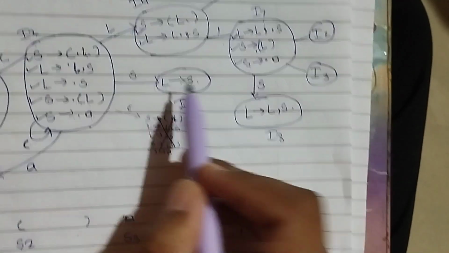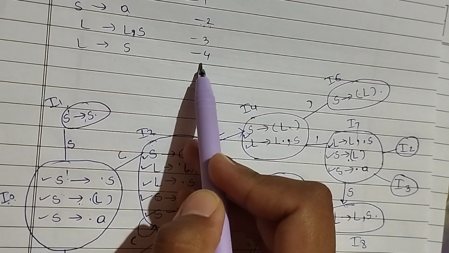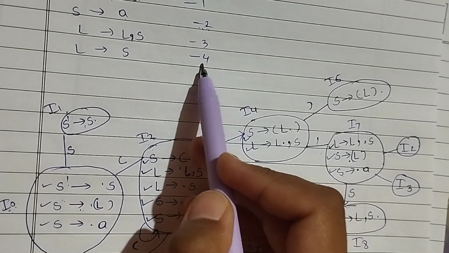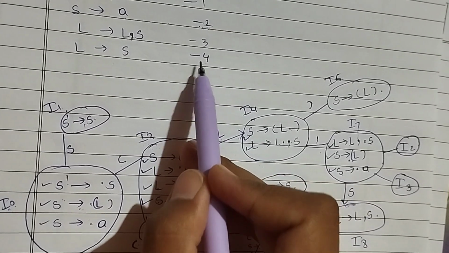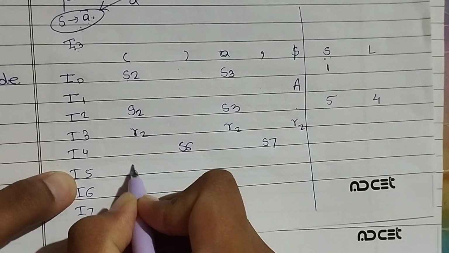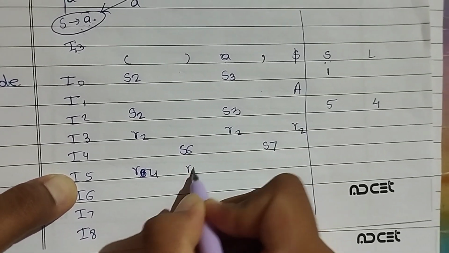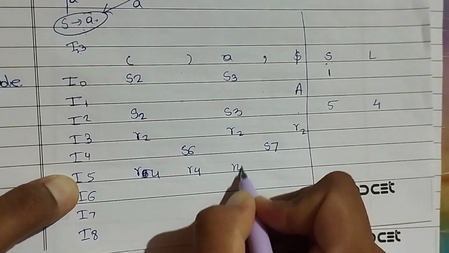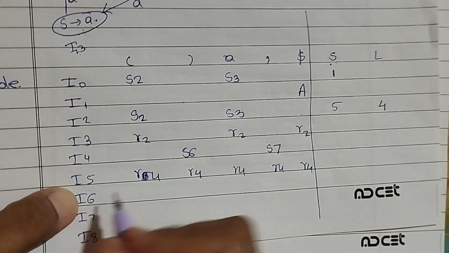This grammar, L to S, is the fourth numbered production, so we write R4, because this is an acceptance state. So we write reduce 4 in the row of I5: R4, R4, R4, R4.